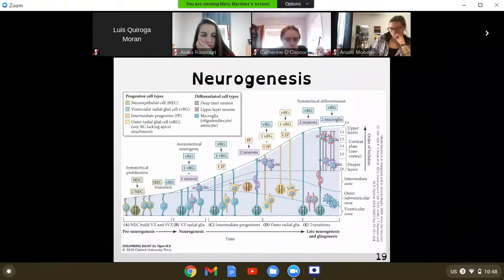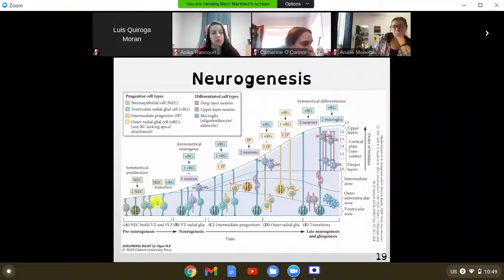So this division of radial glial cells occurs always at the level of the lumen, right? So in this ependymal section, closer to the lumen of it, the central canal, okay? In the cerebrum, as the progenitor cells delaminate from the ventricular zone, so we are moving to this end, okay?